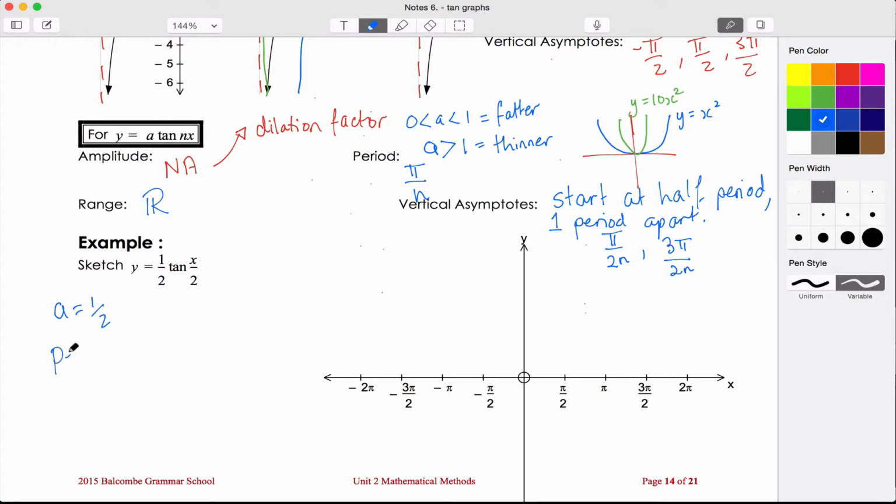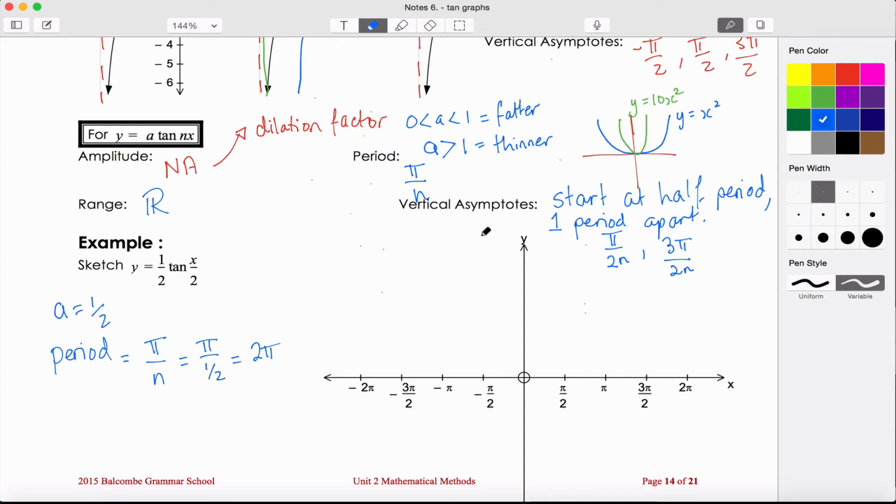Our period is pi over n, and n is 1/2. Pi over 1/2, which equals 2 pi.